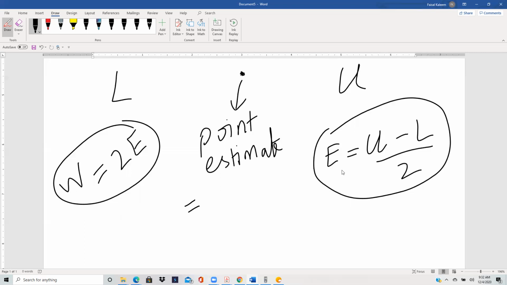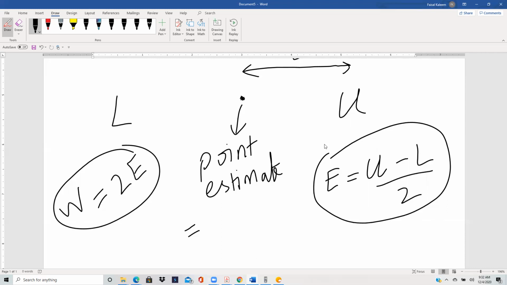We do one of your favorite things, which you wanted to do at so many other places yesterday. Just divide by 2. Divide what by 2? The entire interval length. No, that gives you the margin of error.